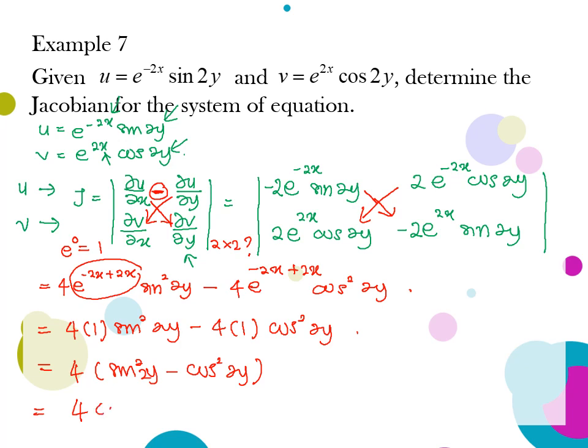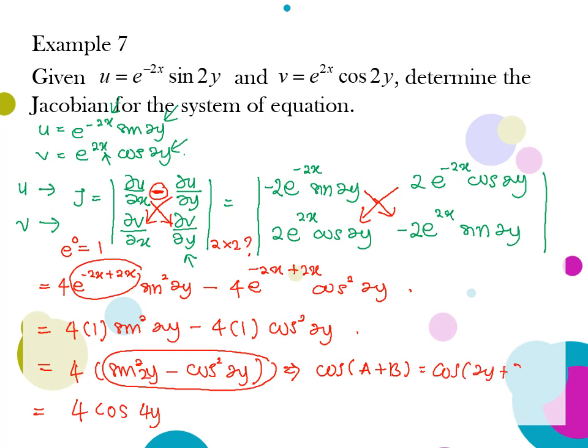Because this part, if I'm not mistaken, please check on this, will be equal to cos of the angle A plus B. So the angle here is cos 2y plus 2y, so that is cos 4y. That's why you got cos 4y here.